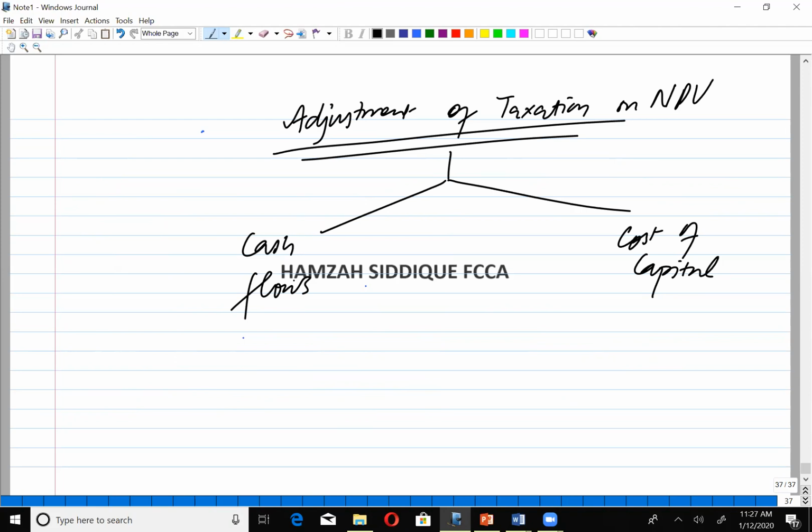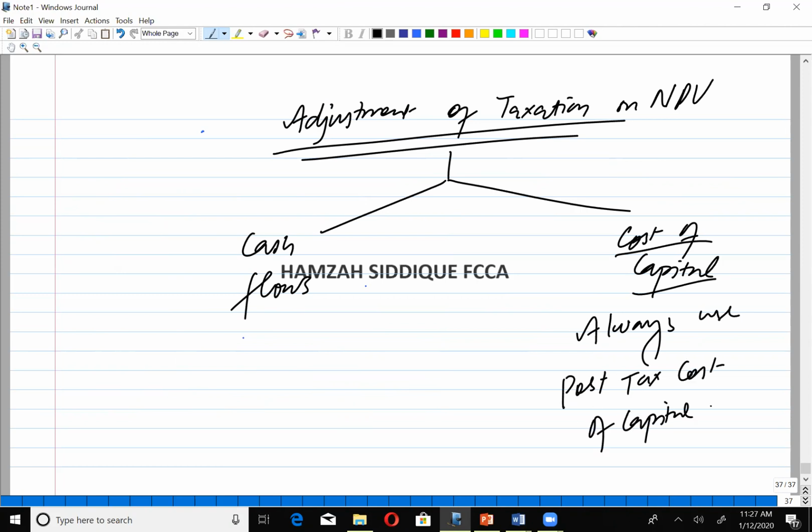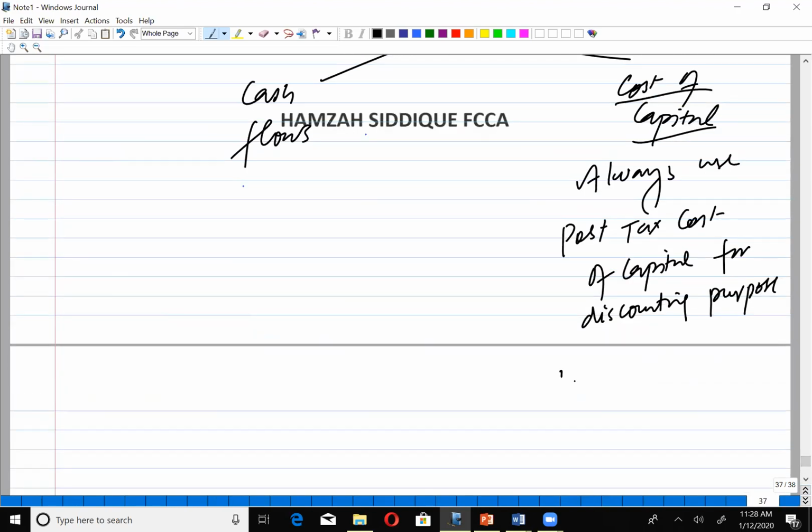So always use post-tax cost of capital for discounting purpose, unless stated otherwise in the question.